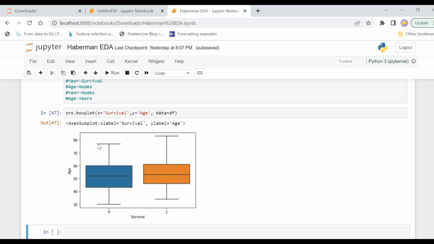So you can say that people above maybe 75, or what could be this value, kind of 76, 77, people after age 77 or 76.